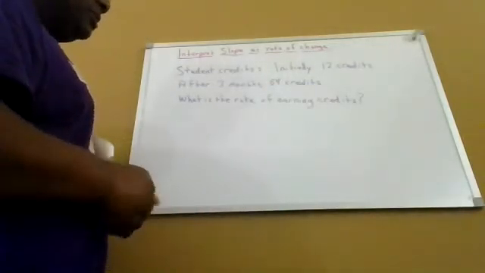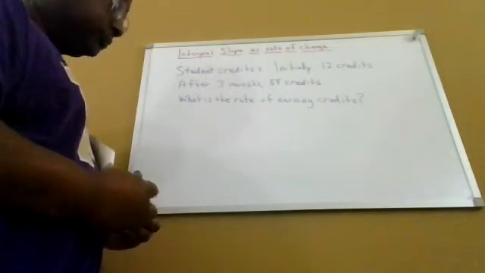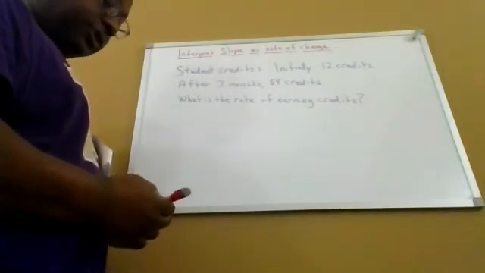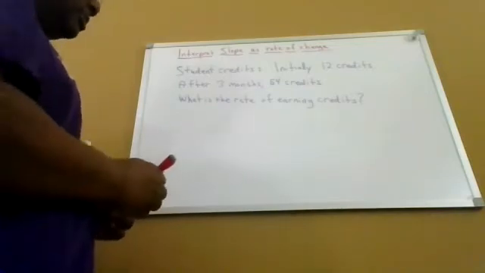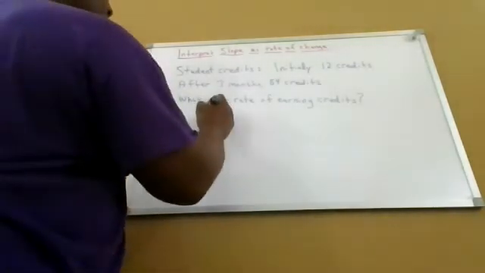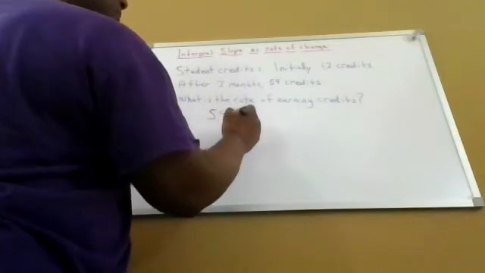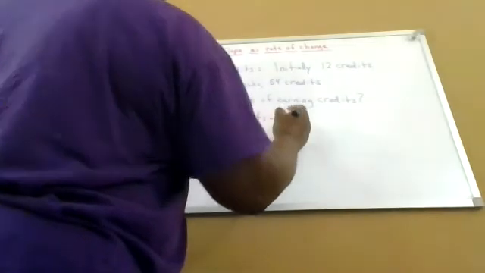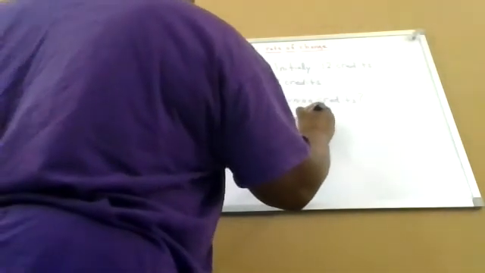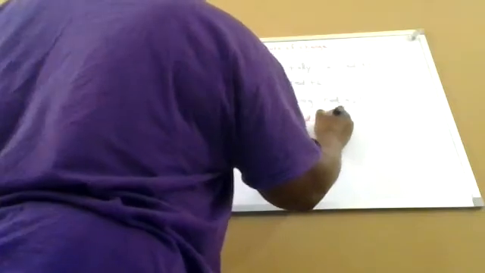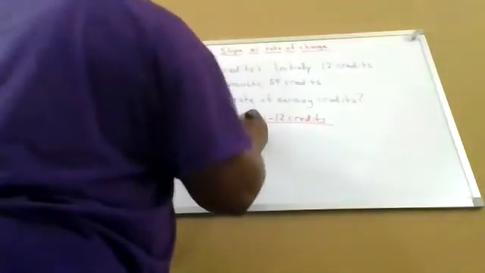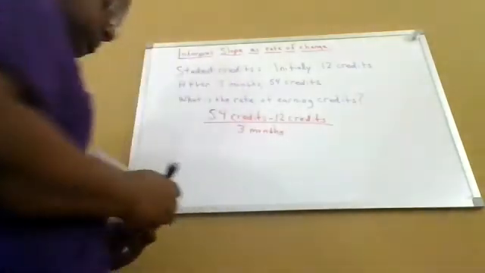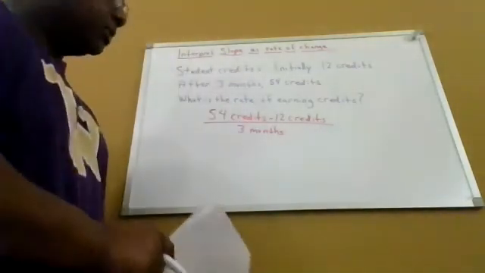What we do is subtract 54 minus 12 and divide that by 3 to find out the rate at which this person is earning credits. Okay, so here's the equation we're going to use.